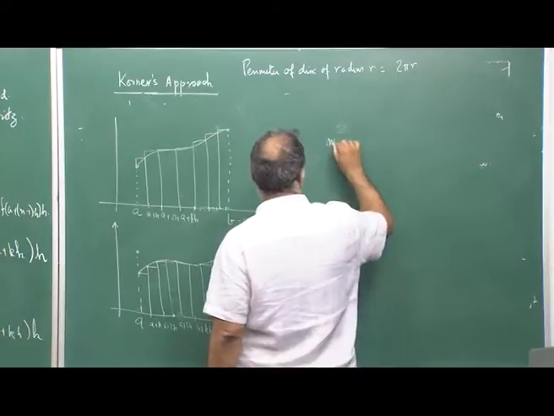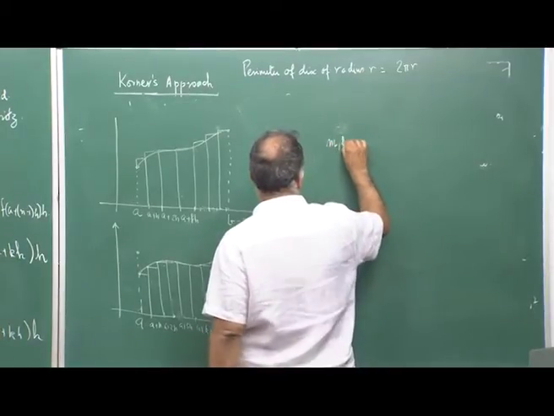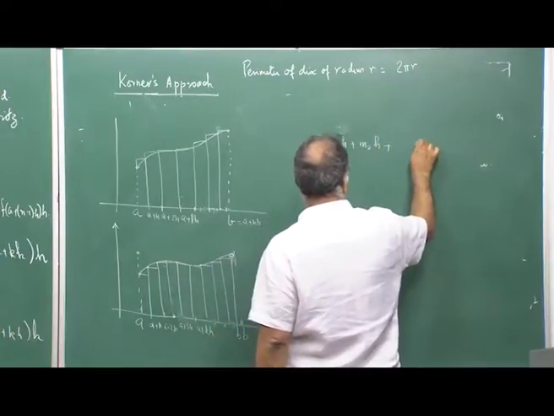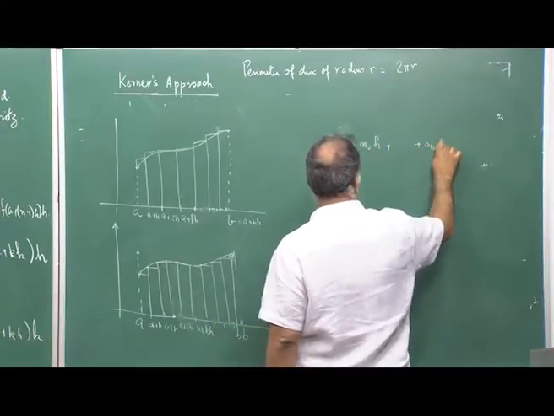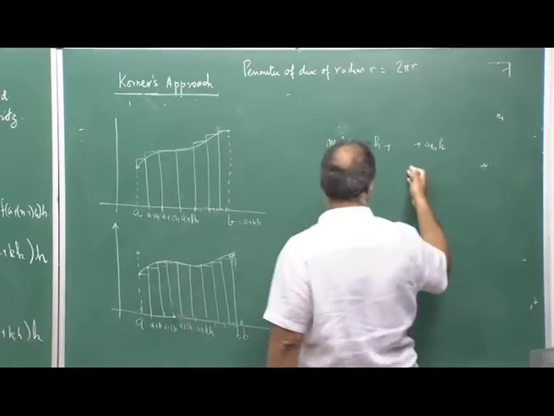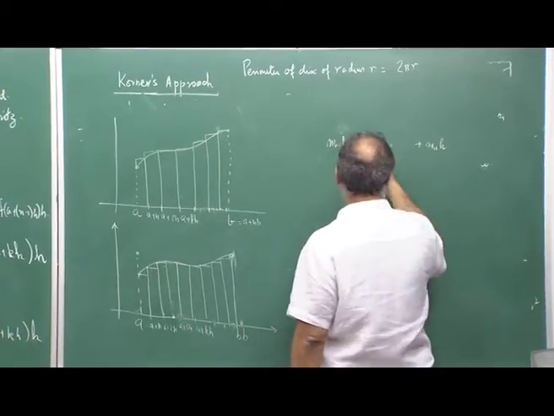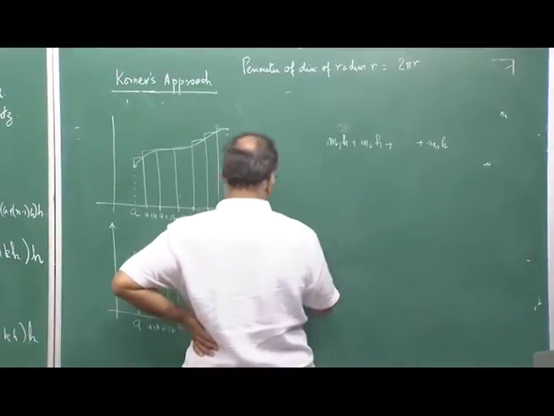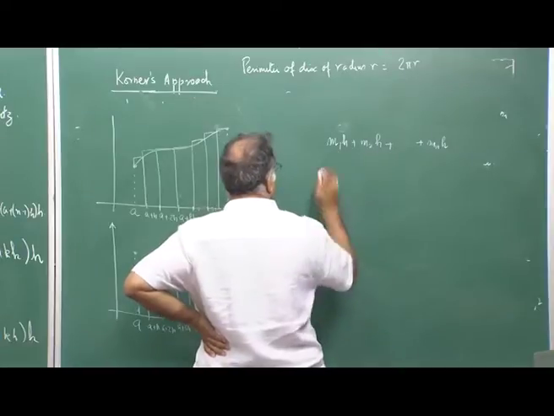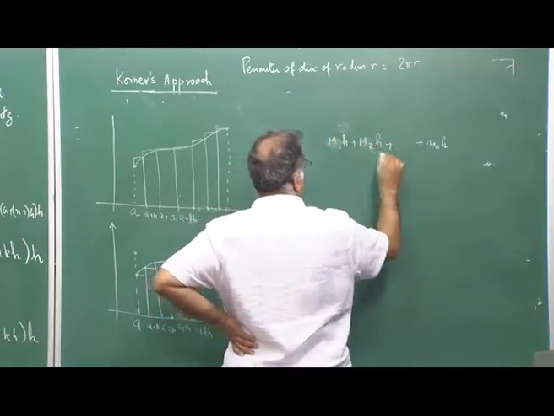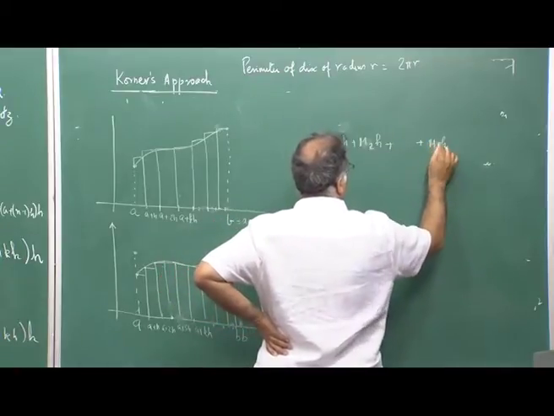So what we did, M1 into h plus M2 into h plus Mn into h. But what is this ultimately, these rectangular areas? Let me write capital M1, capital M2 and capital Mn.